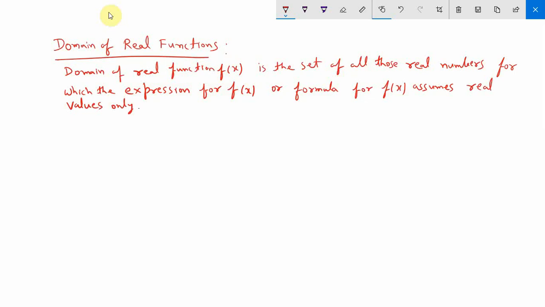So, in other words, we can say the domain of f(x) is the set of all those real numbers for which f(x) is meaningful.